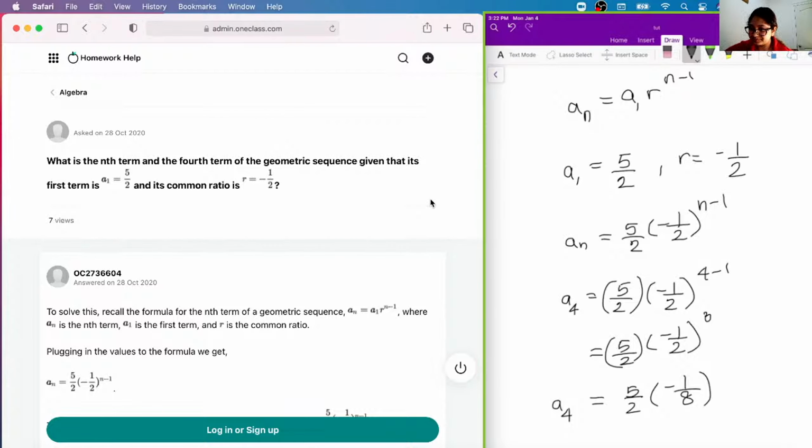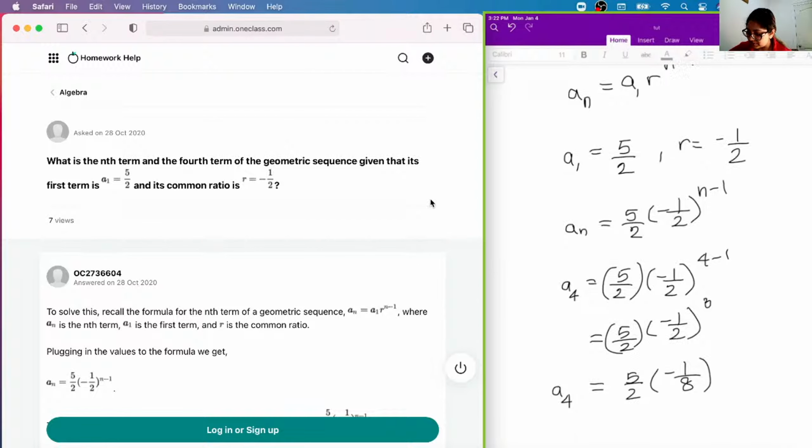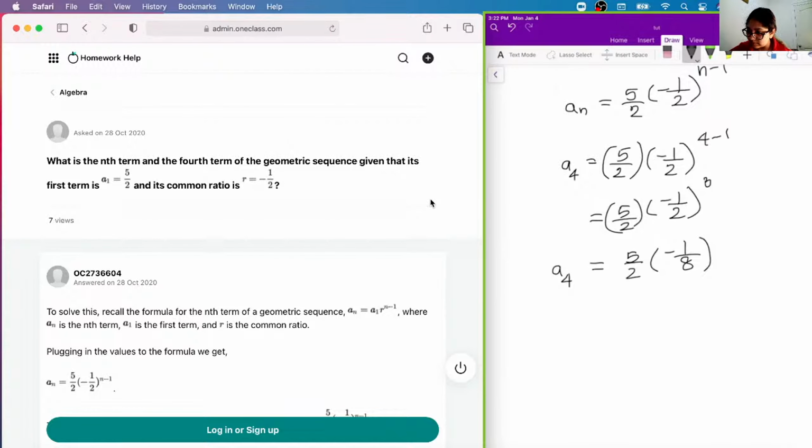And so if you want to further simplify this, you can multiply the top and the bottom, and you get -5/16. So a sub 4, the fourth term of the geometric sequence, is -5/16.